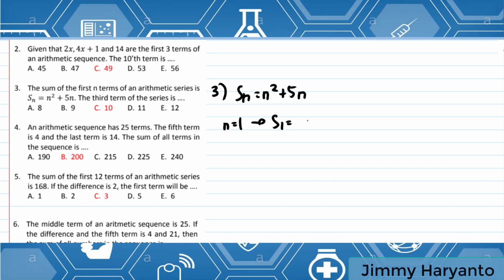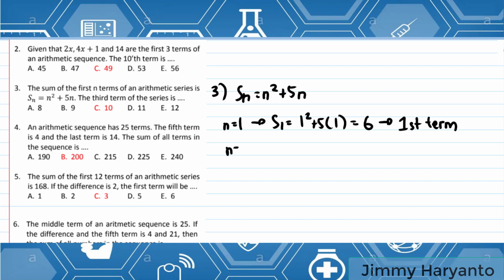S1 equals 1 squared plus 5 times 1. Okay, the result will be 6. 6 is the first term, because S1 means the sum of the first one term. So 6 can be considered as the first term.